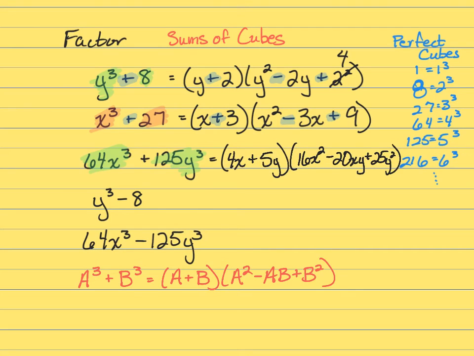Now, these last two examples are not sums of cubes, but they're differences of cubes. And so the good news is we handle them pretty much the same way. The only thing that's going to change are some of the signs. We notice y cubed minus 8 is a y being cubed and a 2 being cubed. So it's going to be y and a minus because it's a difference of cubes.